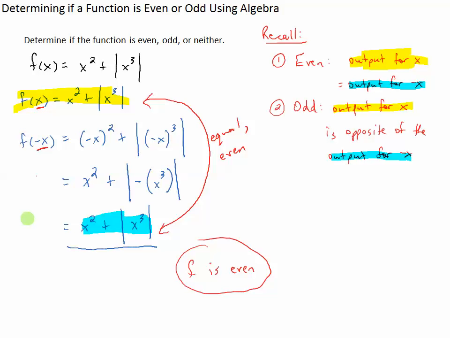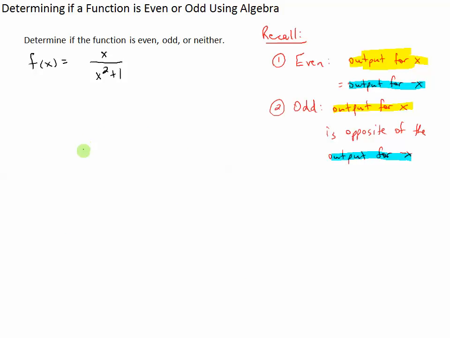And I'm sure you're already aware this function is going to be odd. So if you feel like you could figure that out on your own, pause this video and see if you can do it. See if you convince yourself. I'm going to move ahead though. So we first look at the output for x, which is of course x over x squared plus 1. Then we look at the output for negative x.